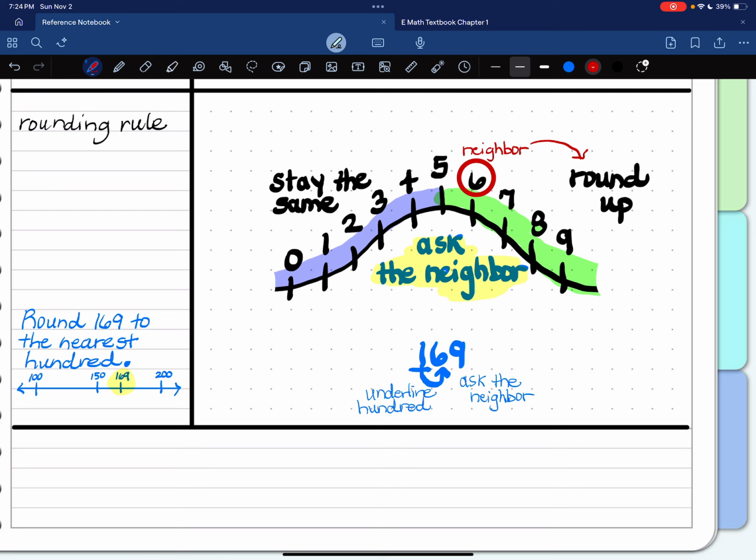So that means that 169 would become closer to, the underlined place grows by 1. We round it up 1. And then we round off the ends. So I rounded up 1. And then I rounded off the ends.